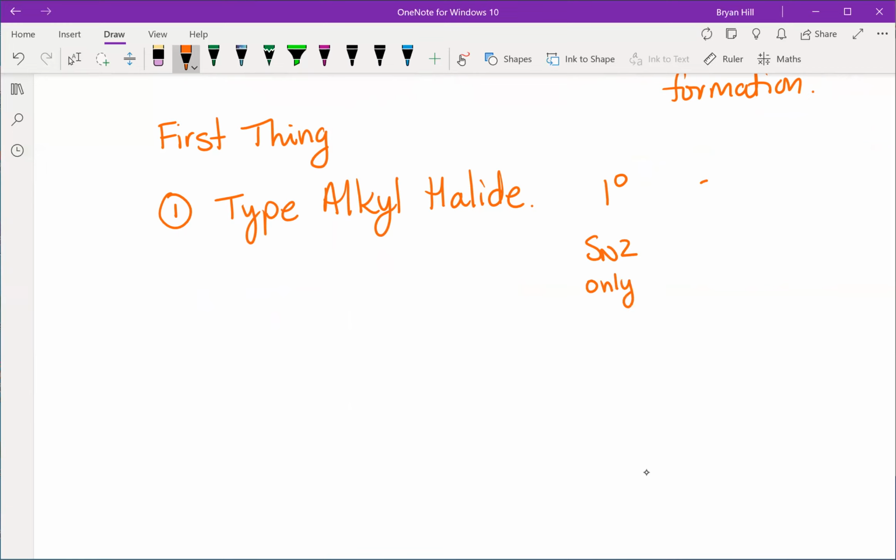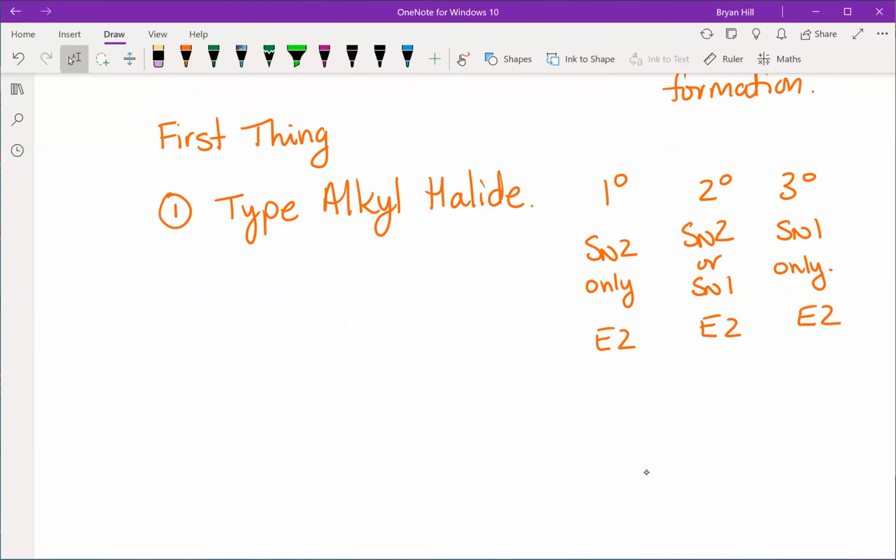And we're talking about substitution here. Secondary, SN2 or SN1. And for tertiary, SN1 only. E2 is good for all. And E1 will be the same as SN1. But as I said before, this probably isn't very practical for a secondary alkyl halide.